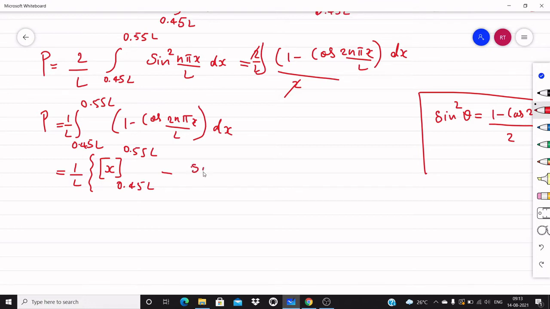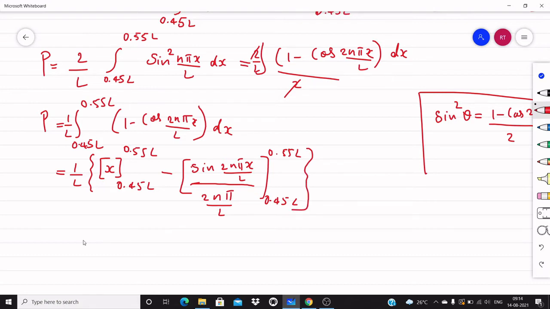Now sine 2 n pi x by L divided by 2 n pi by L, and you have to apply the limit 0.45 L to 0.55 L.